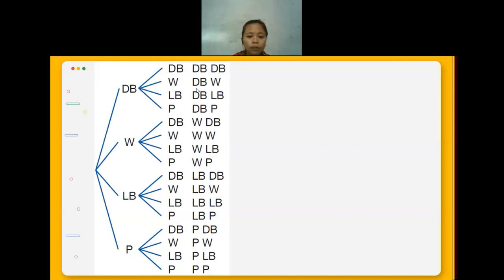This is for the first spinner, and for the other branch in here, it will be for the second spinner. Because it's spun twice, the tree diagram will look like this. DB for the dark blue, W for white, LB for the light blue, P for purple.